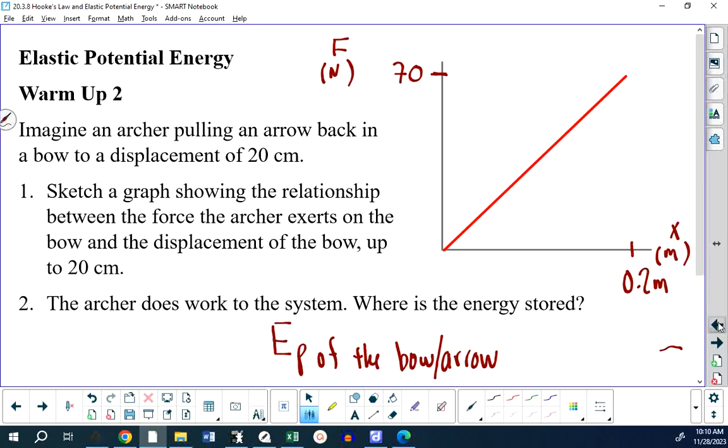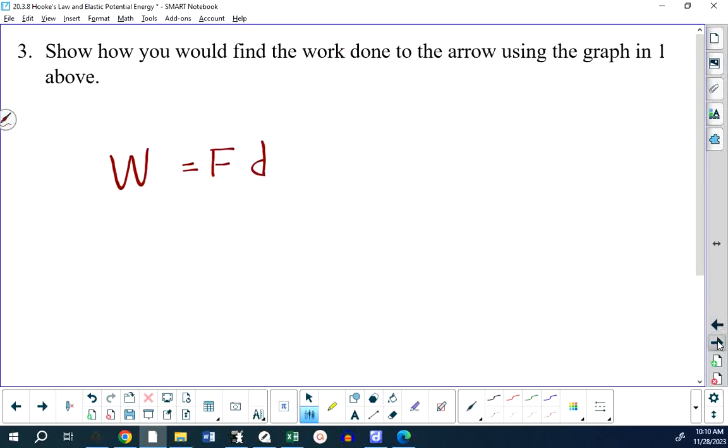Okay? My question to you is, is the 70 newtons an applied force? Yes. But why can we not use 70 newtons in this formula? You know me, I'm challenging you to think here. Is 70 newtons an applied force? Yes.